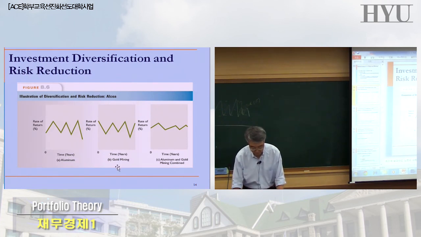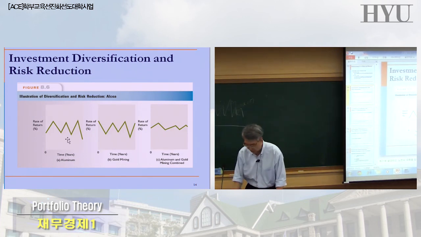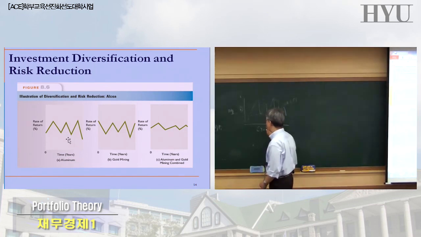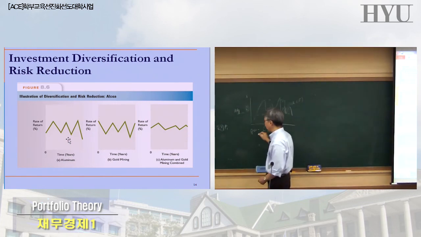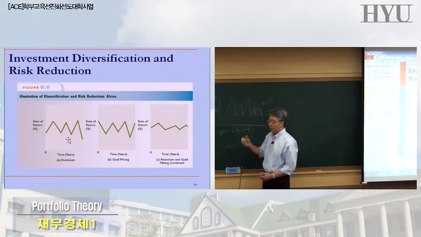You can say aluminum is pro-cyclical, or cyclical. Cyclical or pro-cyclical means return goes up when the economy improves. We're talking about the business cycle.